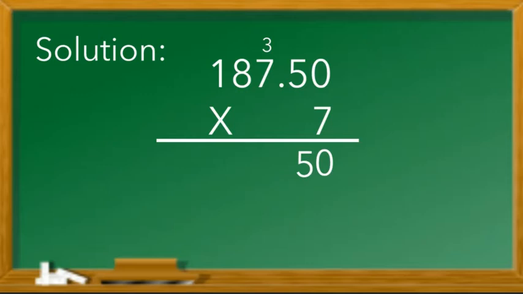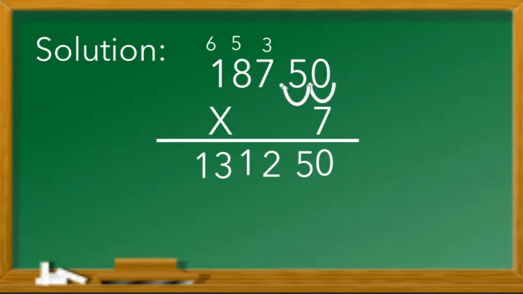So 7 times 7 is 49, plus 3 is 52, carry 5. So 8 times 7 is 56 plus 5 is 61. So carry 6. So 7 times 1 is 7 plus 6.